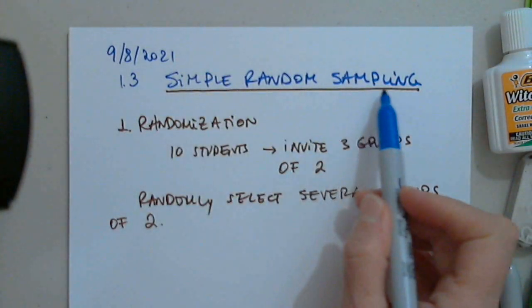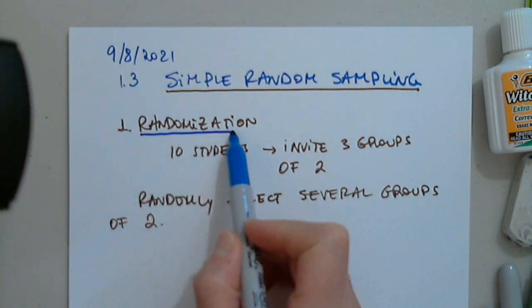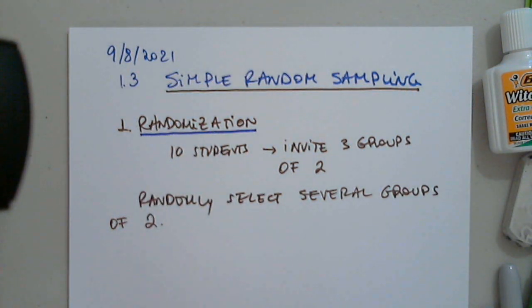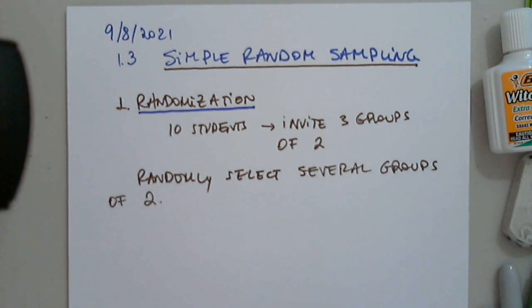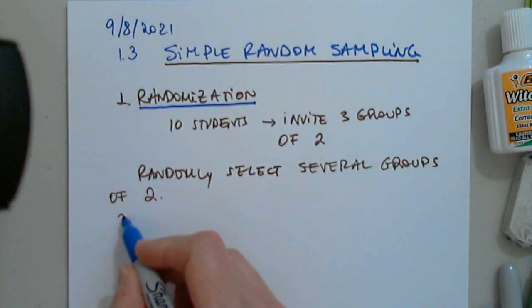So first of all, the simple random sample uses randomization. I'm not standing by the entrance to a store and asking people to answer questions. That's not random. In a way, it's random, but it's not representative of the population I'm trying to test.